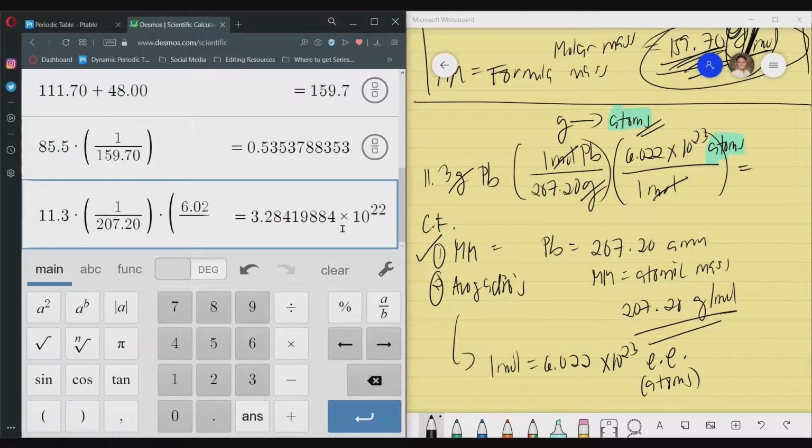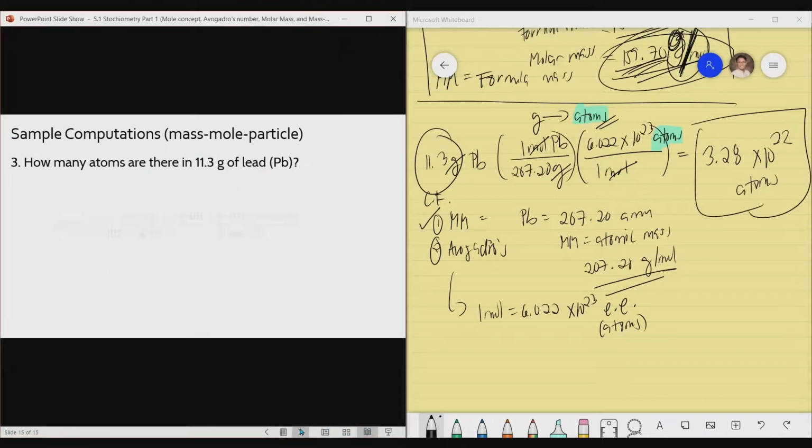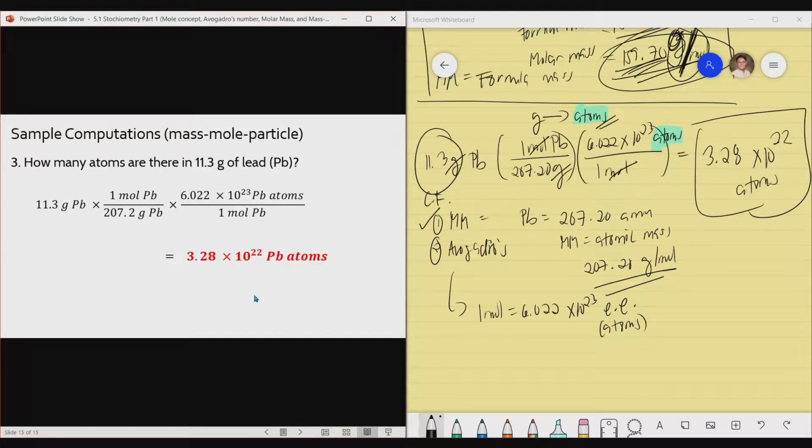So the answer is this. But then again, we should follow the correct significant figures. With 3 significant figures, this must be 3.28 times 10 raised to 22 atoms. Let me check with the PowerPoint. I have the same solution, and the answer is 3.28 times 10 raised to 22 lead atoms.